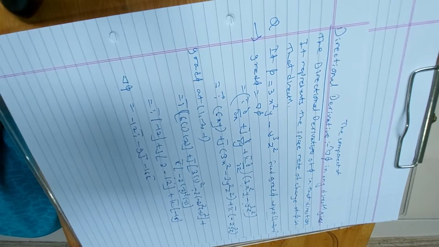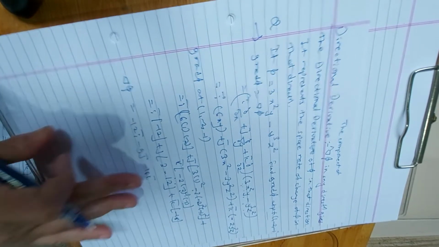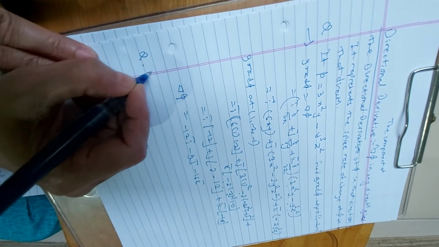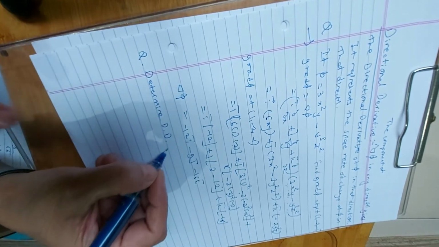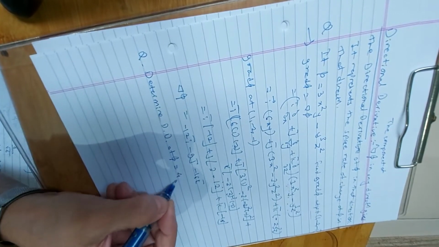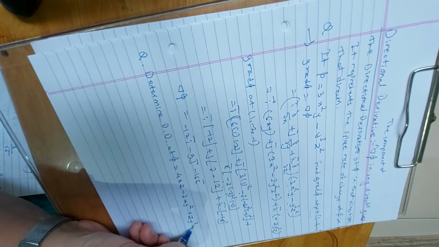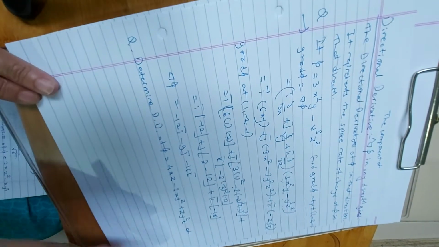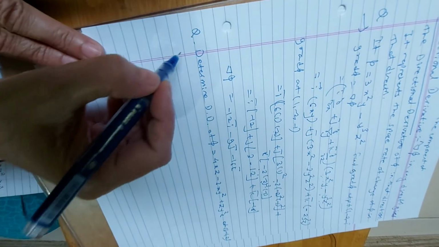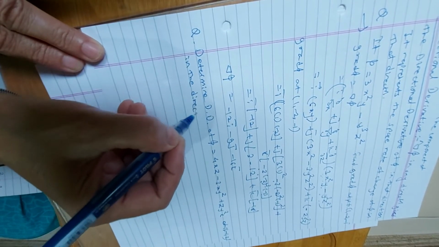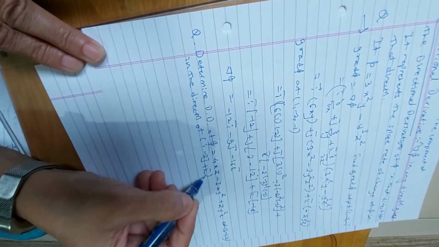So directional derivative, the problem is: question number 2, determine the directional derivative (DD) of phi equal to 4xz minus 3xy² plus zy²x at the point (1, -1, 2) in the direction of i - 2j + k. This is the problem given.